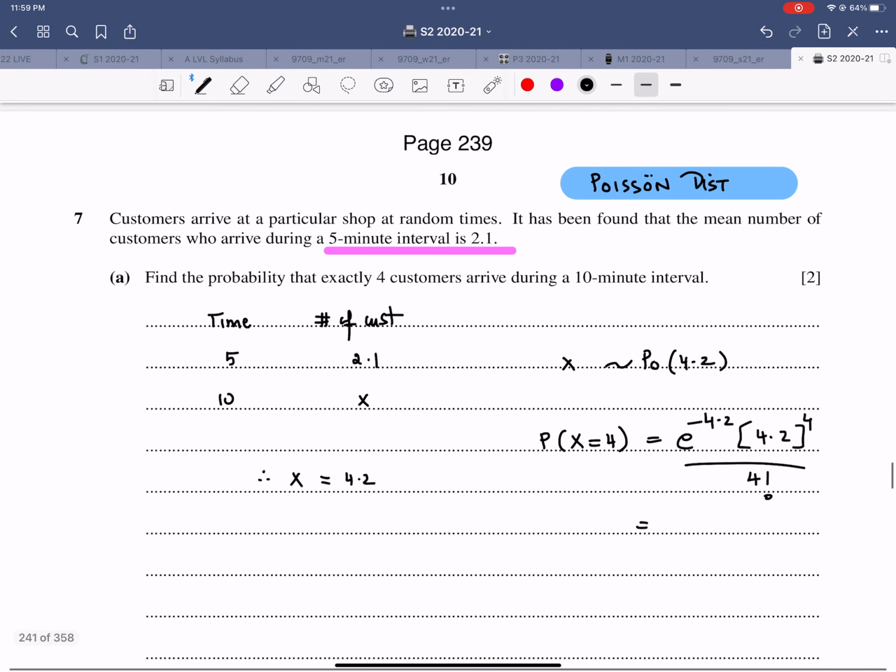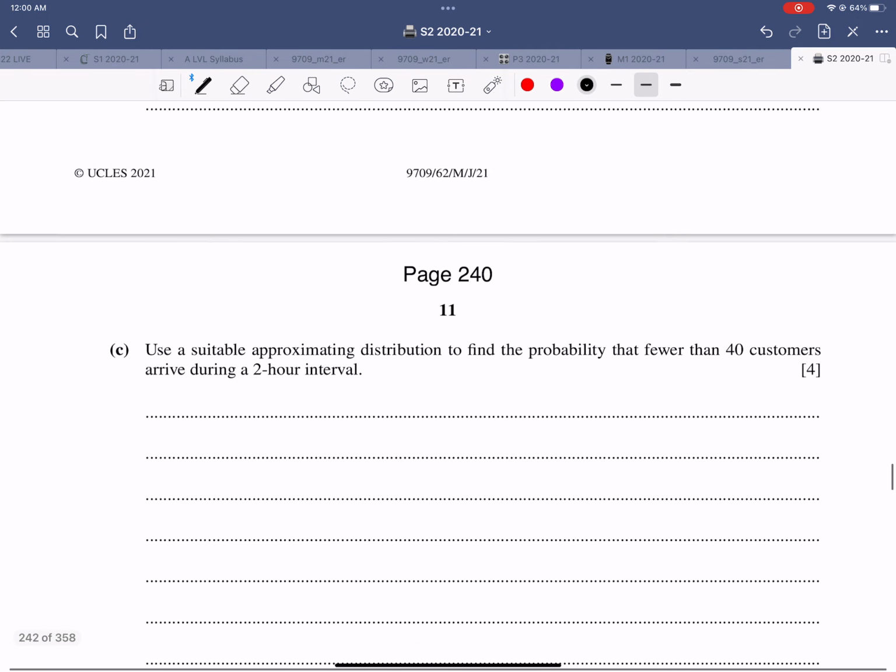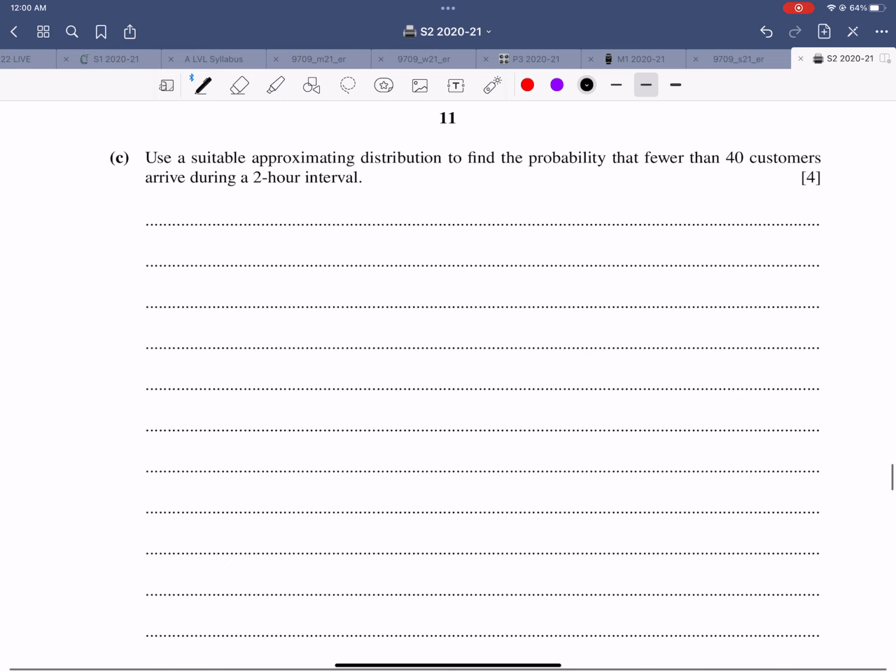The third part. Use a suitable approximating distribution. Find the probability that fewer than 40 customers, so this is fewer than 40, 40 is not included, arrive during a 2-hour interval. So time, customers, 2.1 customers in 5 minutes. And now this is a 2-hour interval.